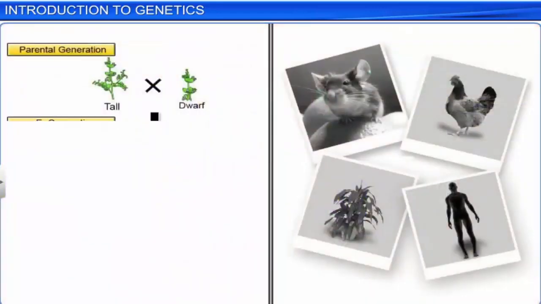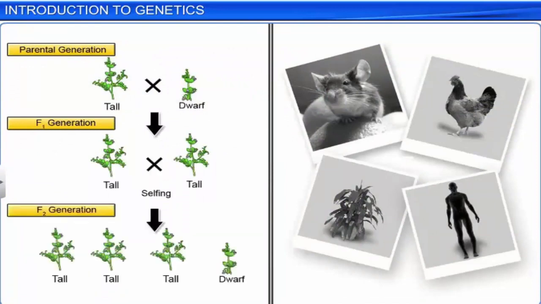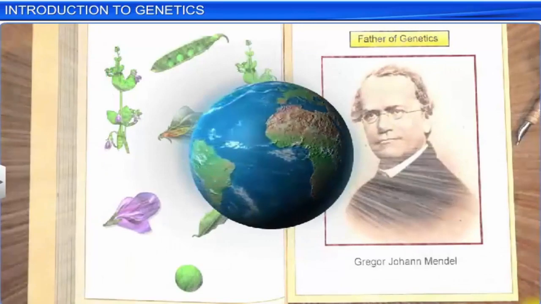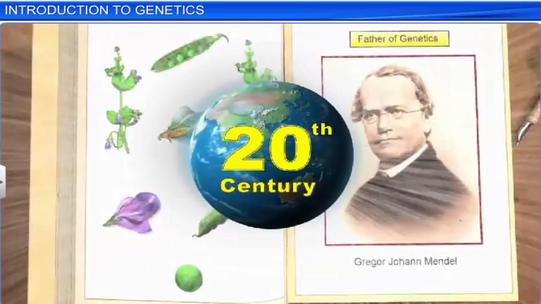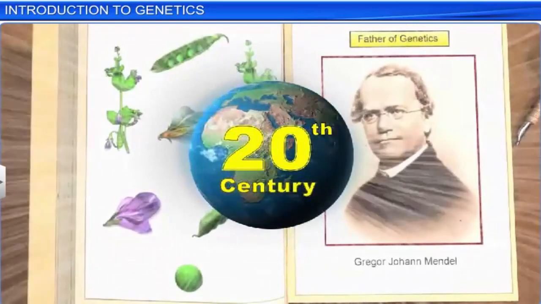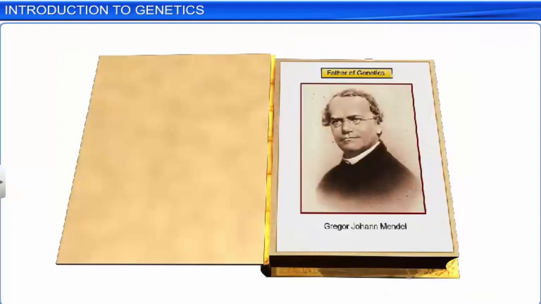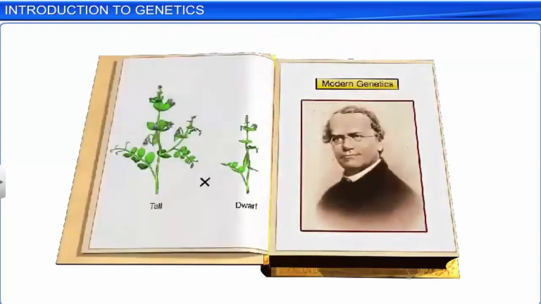Moreover, as he conducted experiments on several generations of test plants, it helped him confirm his inferences and prove that his rules were not unconfirmed ideas, but general rules of inheritance in all living organisms. However, the world had to wait till the end of the 20th century to understand the significance of Mendel's discoveries. Due to his valuable research in the field of genetics, Mendel came to be known as the father of genetics, and the rediscovery of his laws laid the foundation for the modern science of genetics.